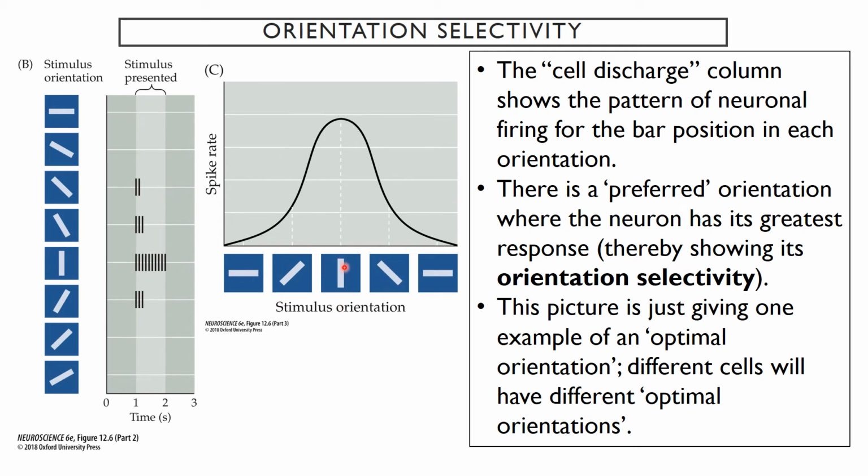So basically every single neuron will have an orientation selectivity for a particular bar, and the perpendicular bar ends up leading to the least amount of sensitivity. And this is just illustrating the preferred orientation of one particular neuron in the cortex.